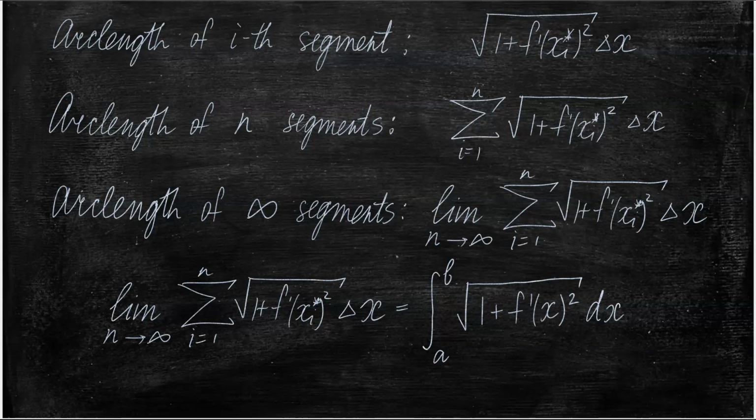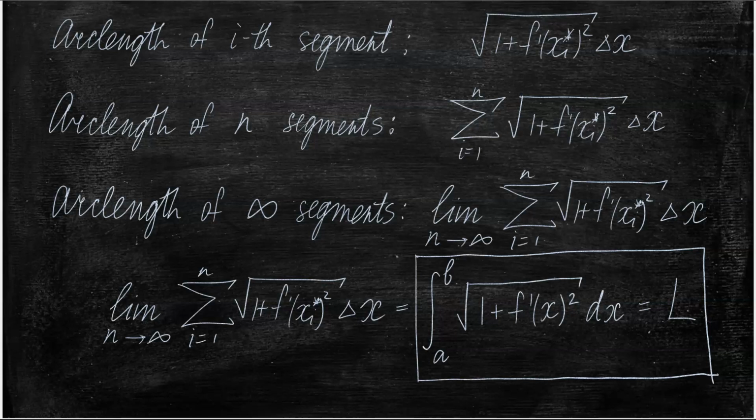And this is what we are going to call the arc-length formula. So if such limit exists, then it's equal to that integral. So if arc length exists, we can find it by computing this integral. So let's practice using this formula.